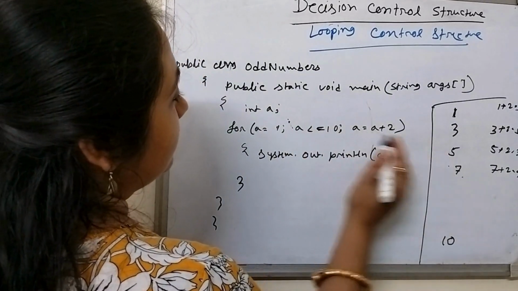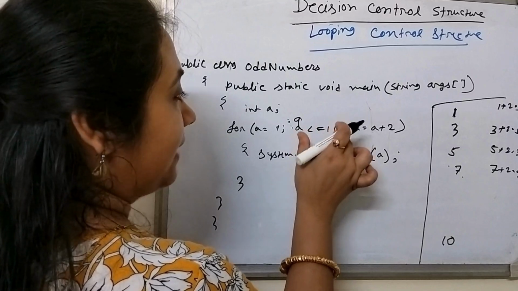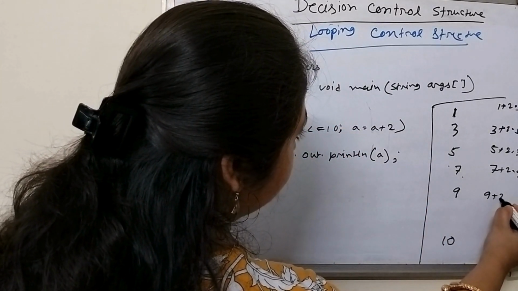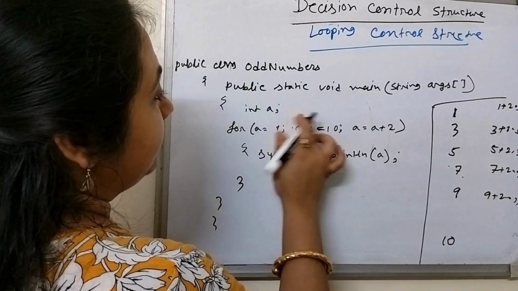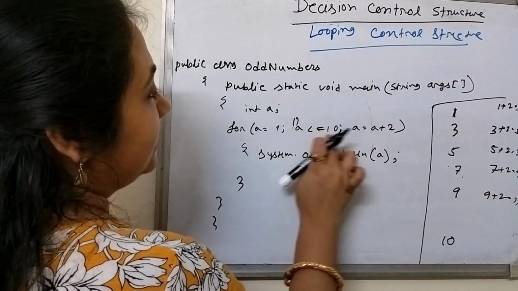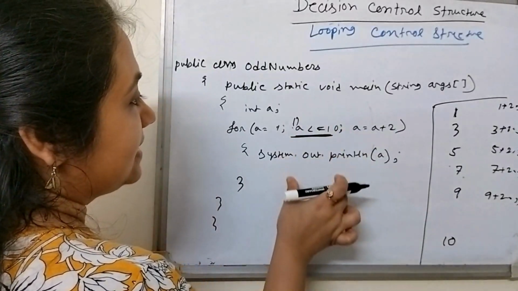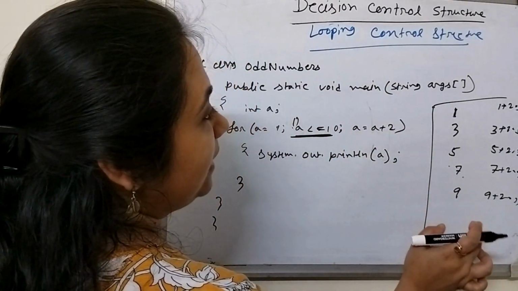Then 7 plus 2 is 9. 9 is less than or equal to 10, so it is satisfied, and 9 will be printed. 9 plus 2 will be 11. So 11 will be stored in a, but the condition will not be satisfied. So after that the program will not be executed further. After 9 the loop stops.